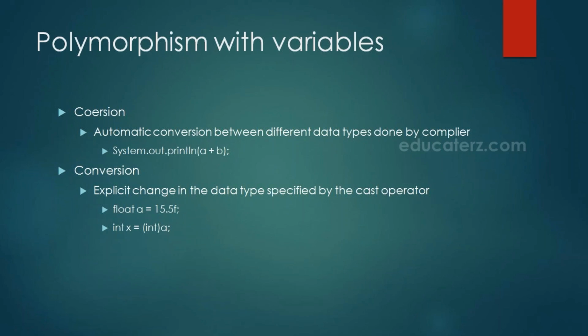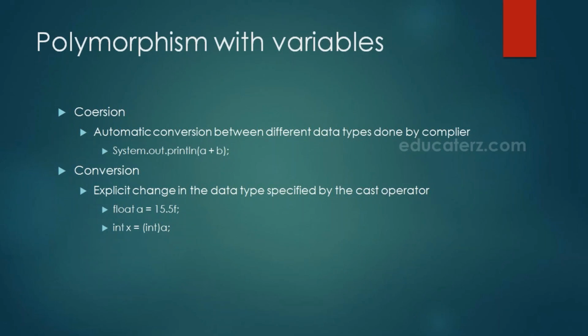If a and b are float type, then a + b will be taken as float type. If a is int and b is float, then the compiler converts a also into float and then the sum is formed. So the result a + b is exhibiting polymorphic nature. It may exist as an int or as a float or some other data type depending on the context.